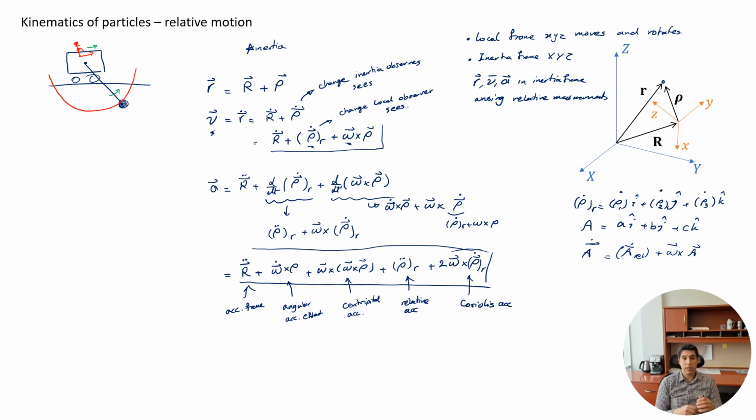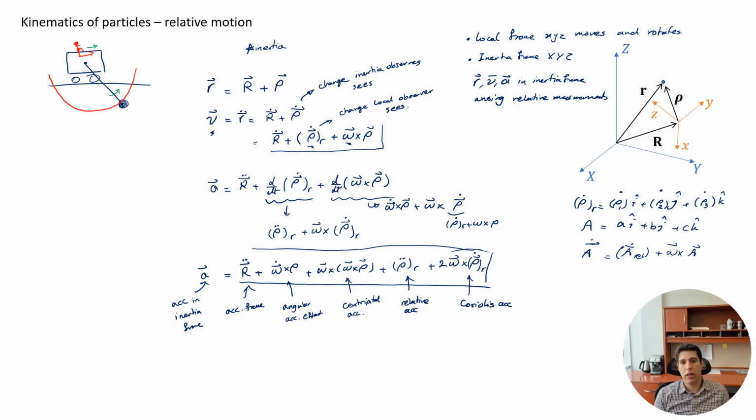Even if the observer doesn't see an acceleration, just as a combination effect of rotation and this velocity, there is some acceleration observed in the inertial frame. Okay, I think that's all I have here. So this is very useful.